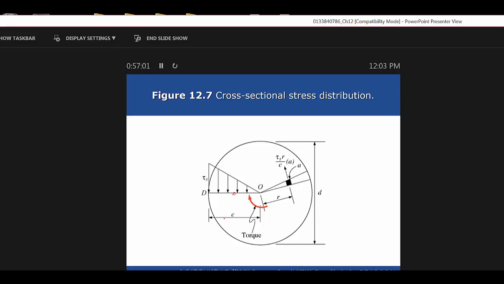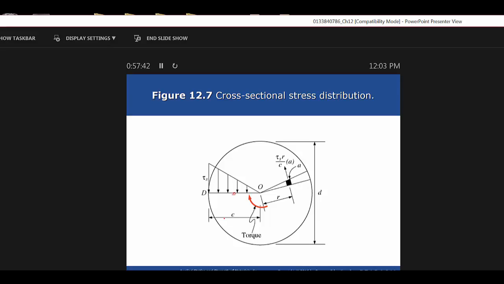Then if you had a solid shaft, note that the C value is the diameter divided by 2, and then you come up with the second equation there for the polar moment of inertia, which is pi times the diameter to the fourth divided by 32. And then if you set those equal to each other, you have pi times the diameter to the fourth divided by 32 equals the torque times the C value, which was D divided by 2, divided by the allowable shear stress.